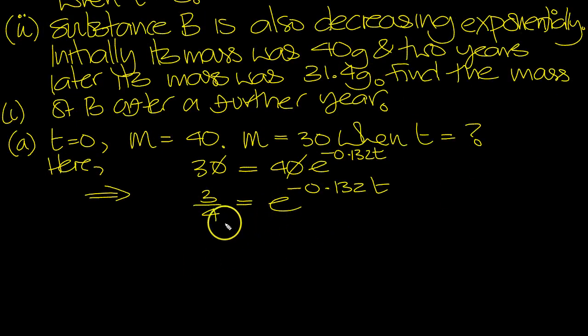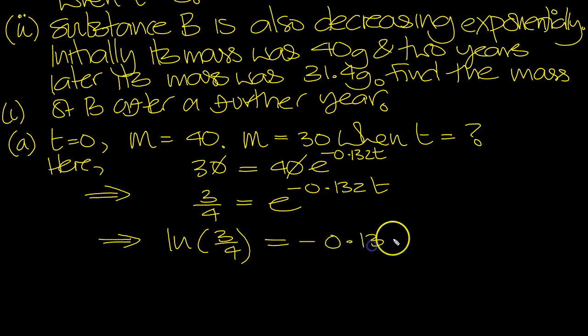Basically, to write this as a logarithm, natural logarithm of 3/4. So the e comes down to be the base number, and then this is just minus 0.132t. So I've written this equation in index form in its equivalent logarithmic form here by simply moving the e to be the base number.